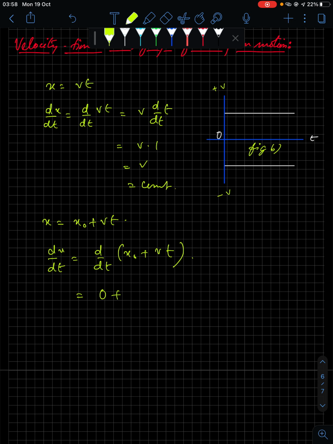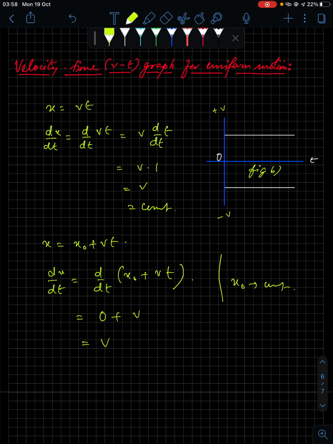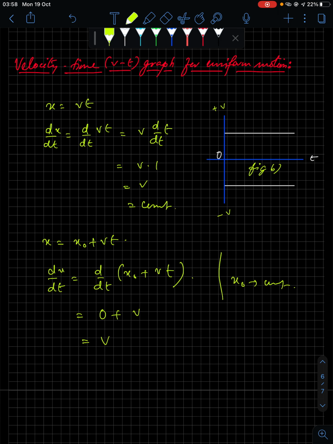So 0 plus, and d/dt of vt will get you v, so this also gives you v. x naught is constant. Now in this particular graph, whatever value you have at time t equal to 0, the velocity or the speed is say 30 km per hour. Say this is 30.